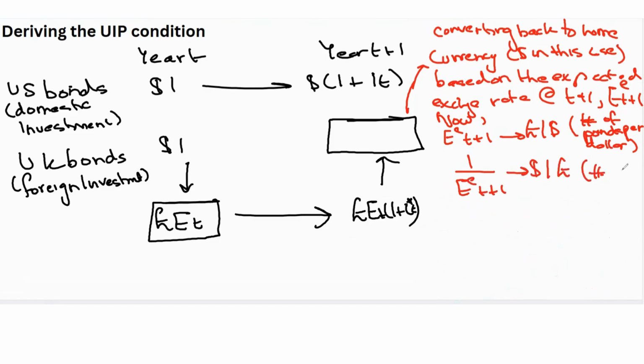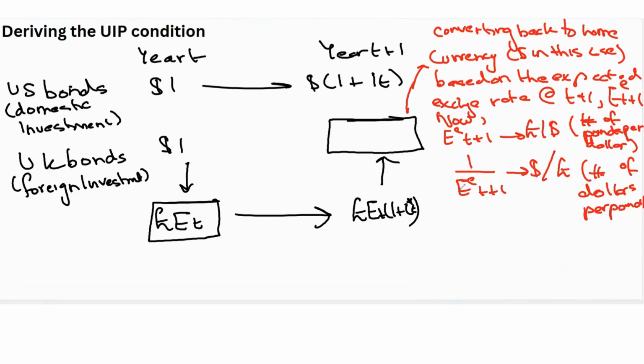So it's going to be the number of dollars per pound, right? This is because the way we defined the exchange rate is pounds per dollar. So if you take the reciprocal of this, it would be dollars per pound.